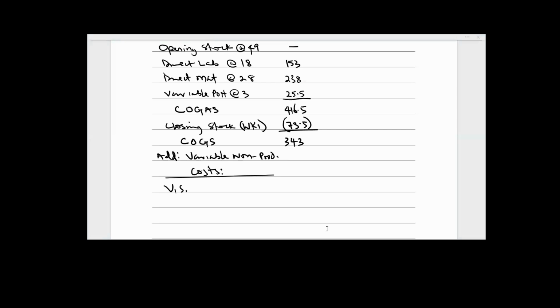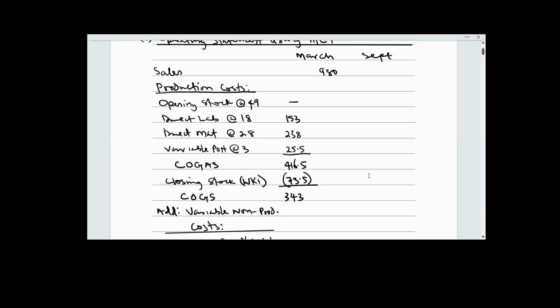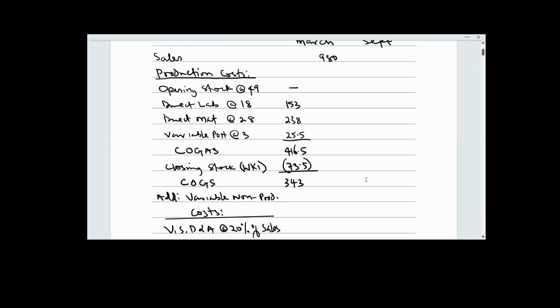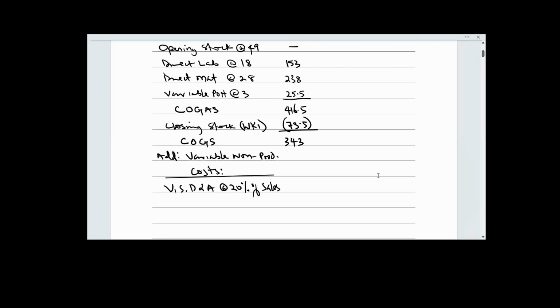Yes, variable selling, distribution, and admin at 20% of sales value. It's not based on unit, it's based on sales value. For the period ending March, sales value is 980,000. So what's 20% of 980? 196.